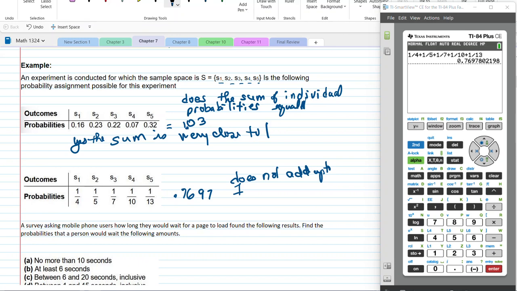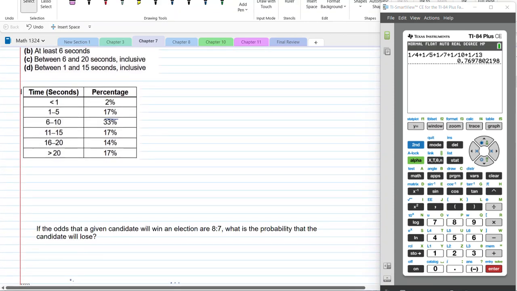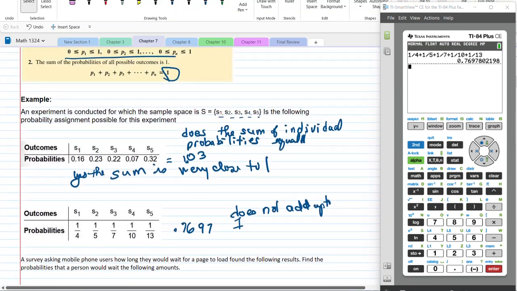So it's not close to 1. All right, I'm going to stop right there.